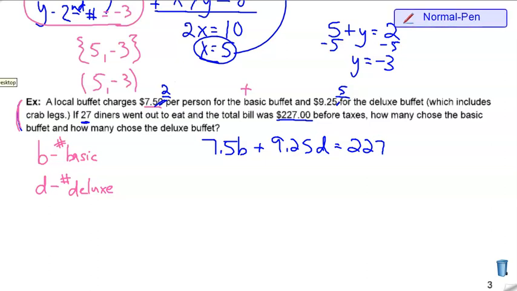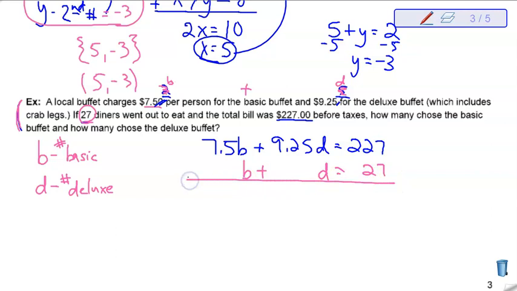I don't know what that is. We represented that as B for my basic and D for my deluxe. If I'm adding those two together to get my total number of people, that's what I have right there. So B plus D has to equal 27. And that right there is the system that we need to solve.